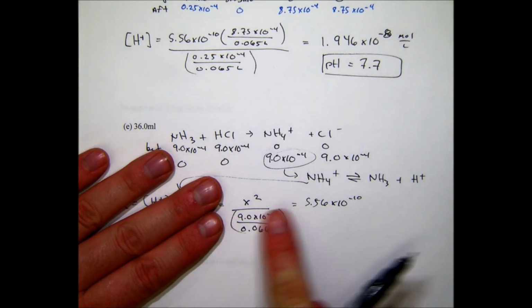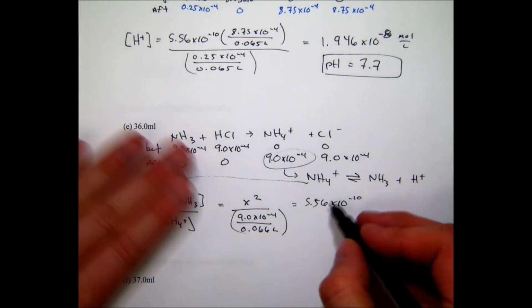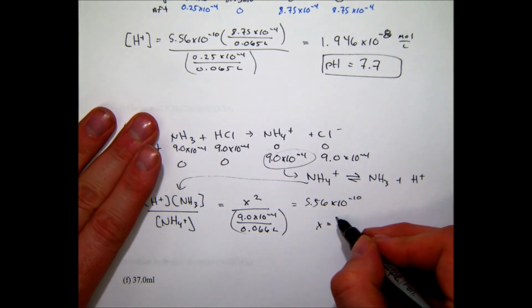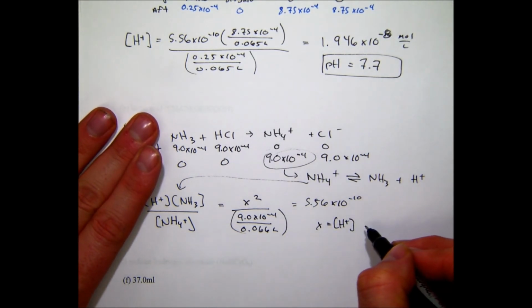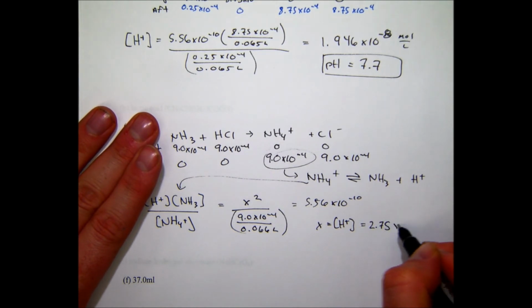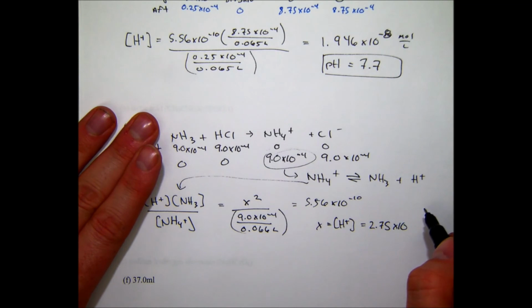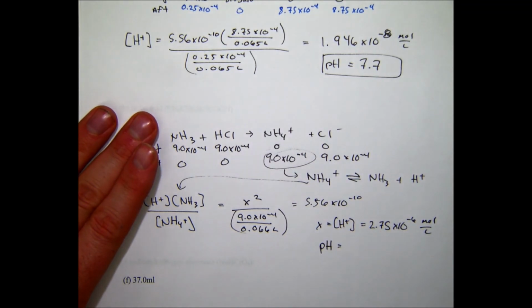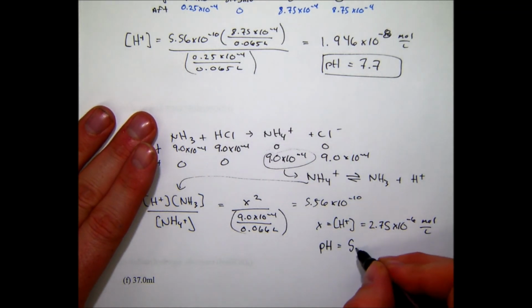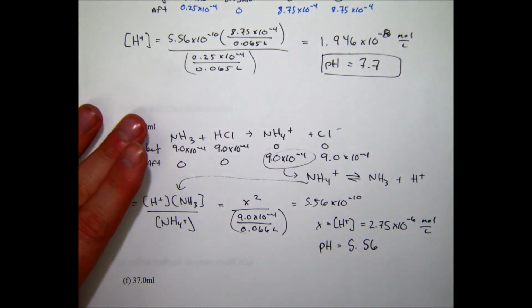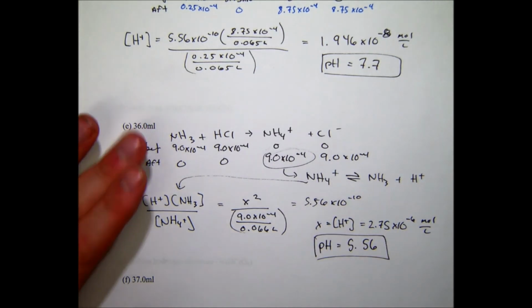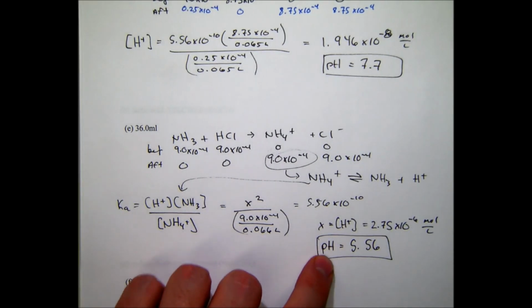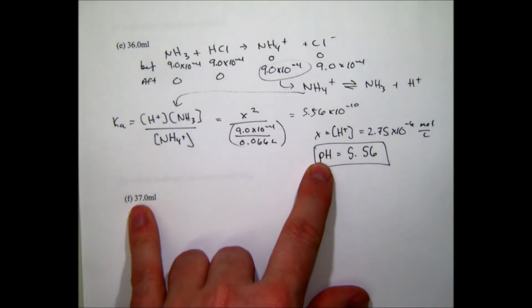So multiply this by that and take the root of it, and we find that x, which is equal to the concentration of H plus, is equal to 2.75 times 10 to the negative 6 moles per liter. Take that concentration of H plus and find that the pH is equal to 5.56, which is what we expect. A weak base with a strong acid will have a pH lower than 7 at the equivalence point.